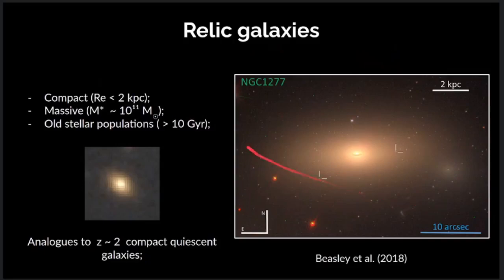Here I am showing one of them, which is, I think, the most famous, NGC 1277. As expected from this scenario, they are compact, with this range of effective radii, very massive, and they have a dominance of very old stellar populations. It is suggested that they are the local analogues of the compact galaxies observed at high redshift.